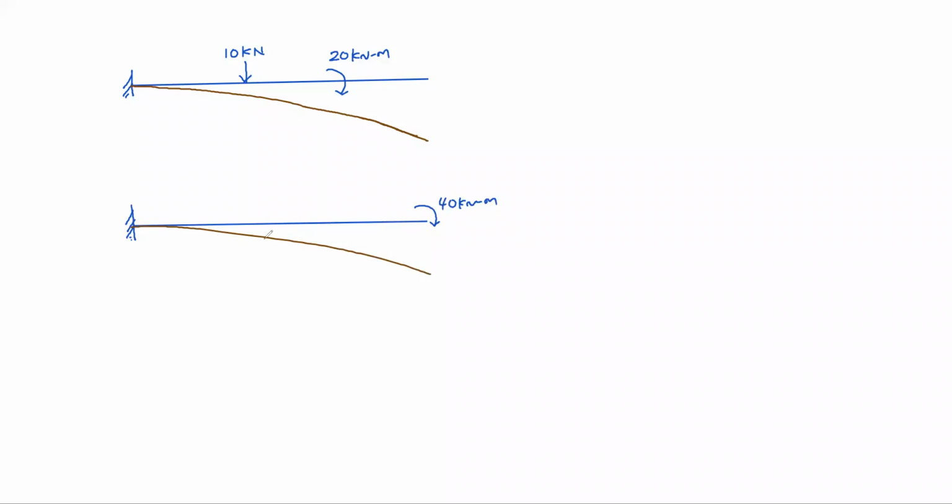Okay, and here the deflection is 10 mm. Here, if you draw the tangent with respect to horizontal, theta equal to, suppose here, 0.01 radians.